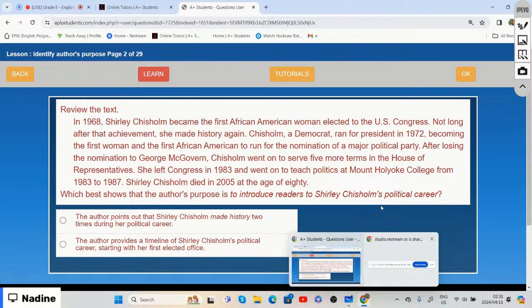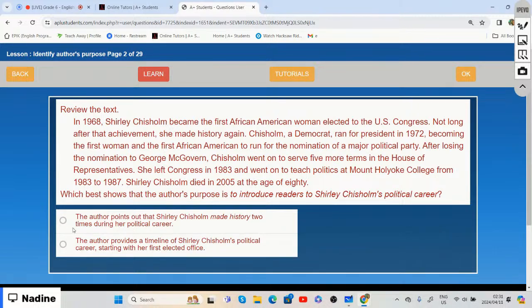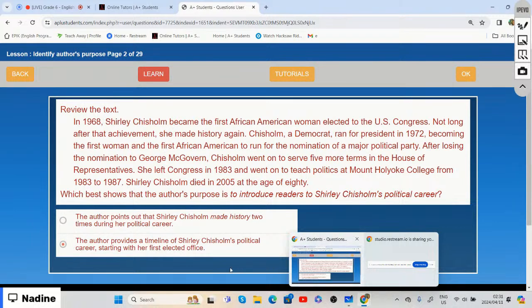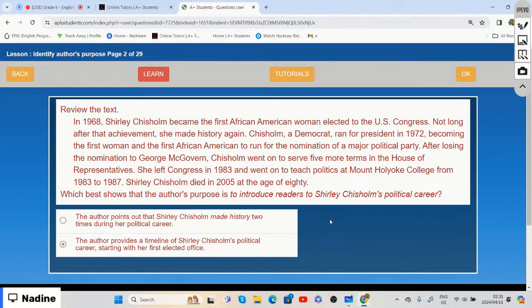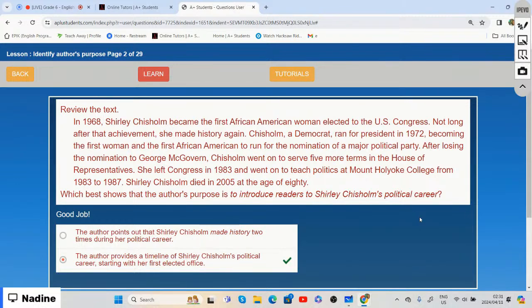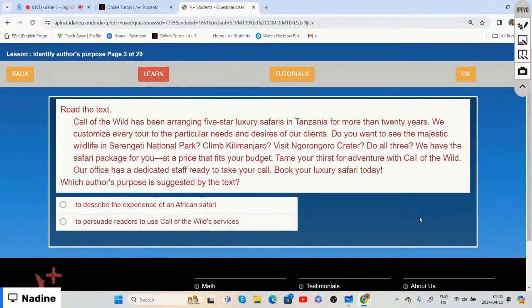And if we are going to choose the correct one, then we can say that this is providing us with a timeline of Shirley's political career, right? Because they're telling us when she started, what happened afterwards, the progress, and so on, right?